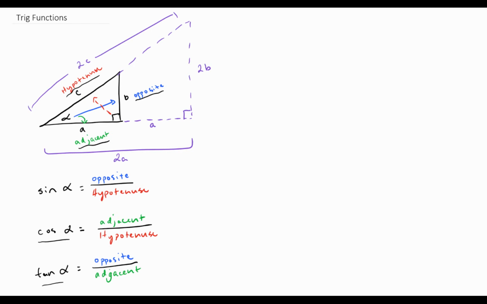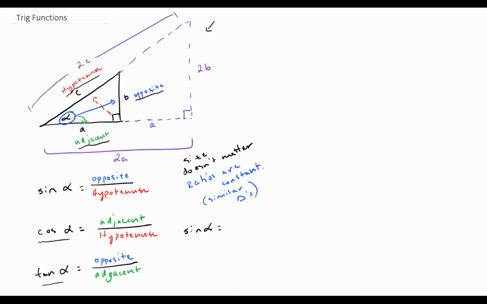Now, the reason that this works, and the reason that I drew these two triangles up here, is that size doesn't matter. The ratios are constant. If this angle alpha isn't changing, then we're getting similar triangles, which we know are proportional. So let's use this example and look at the sine of alpha, and I'm going to show that it doesn't matter which triangle we use.